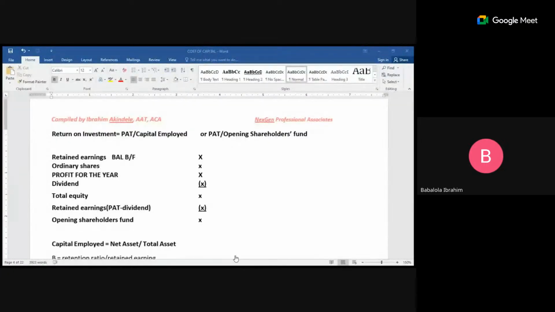Assuming we have 2 years, 2023 and 2024, I'm thinking 2023 is supposed to be our opening for 2024. Is it not the 2023 that's supposed to be our opening for 2024, the shareholders' fund? That's my question.